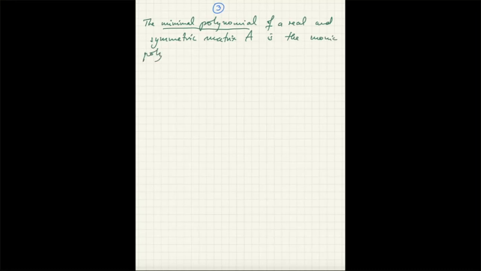So this result gives a very simple consequence. The minimal polynomial of a real and symmetric matrix is the monic polynomial m, with real coefficients, of smallest degree, such that m(A) equals 0.